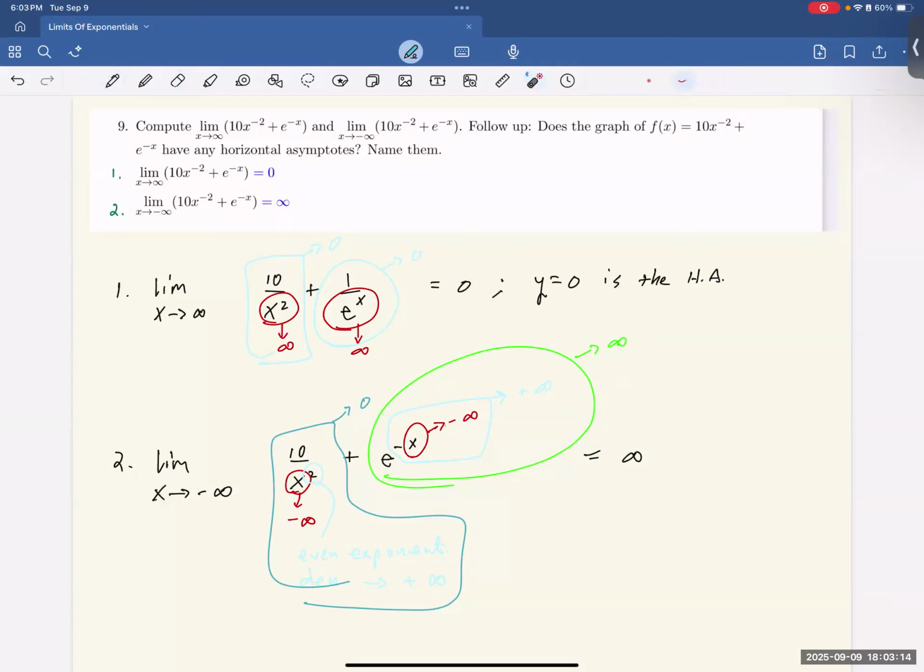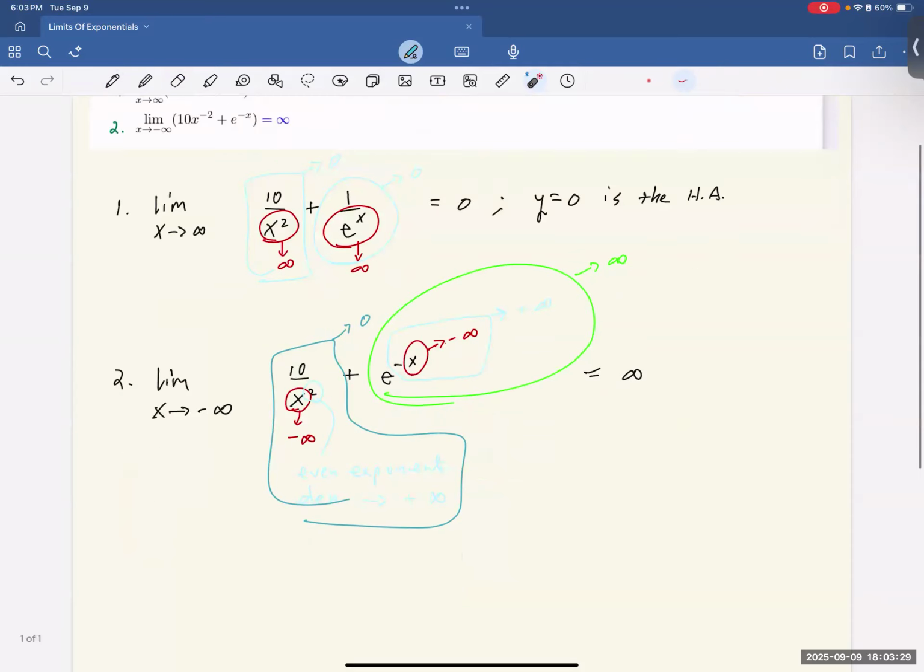The only way to find another one would be to look at the limit going to negative infinity, but we didn't get a value. So there's no horizontal asymptote as x gets negative big. So, and I'll write that out.